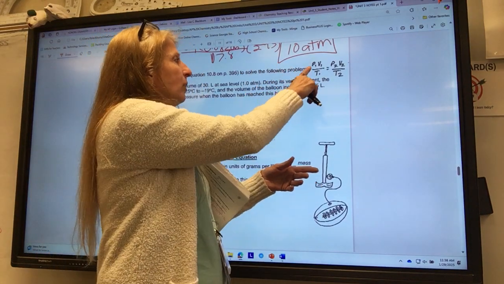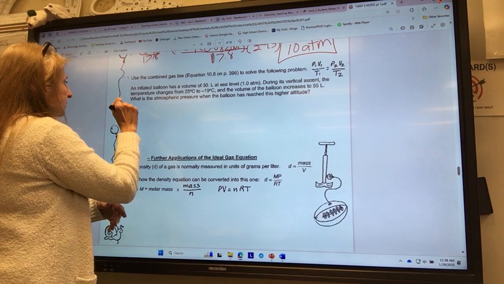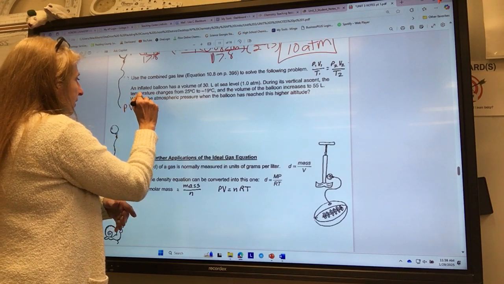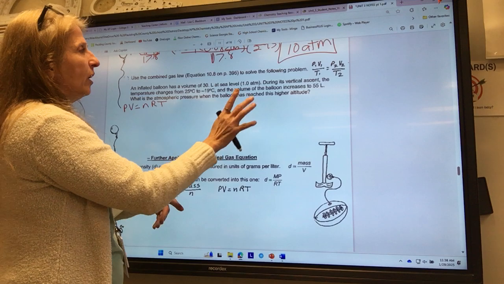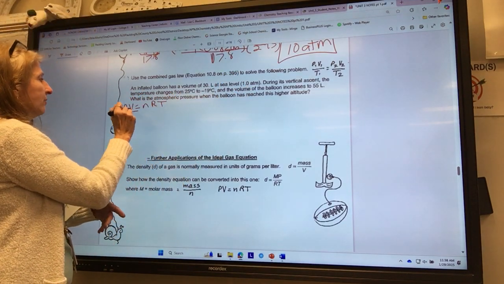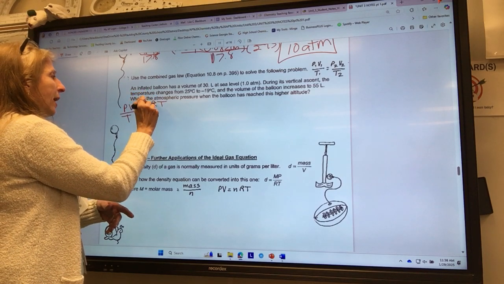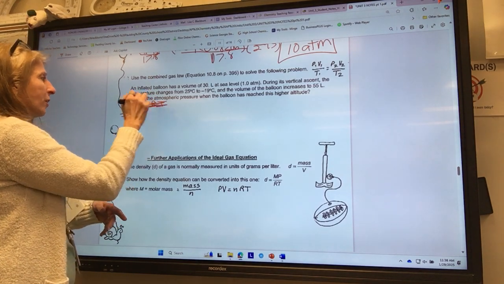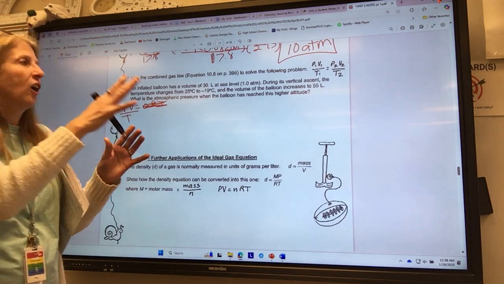So if I have PV equals nRT, and I want to just have the P, the V, and the T, I divide by T, and then those don't matter, so I'm marking them out. Do you see how that's half of the equation?